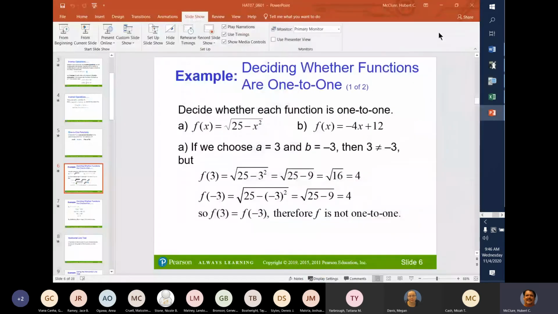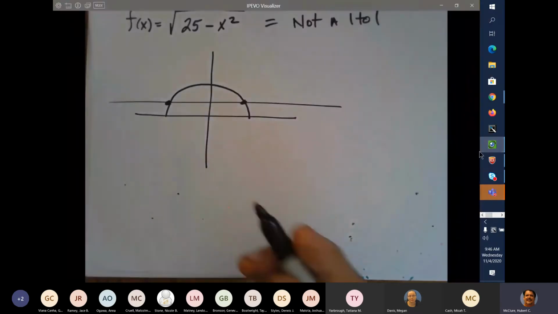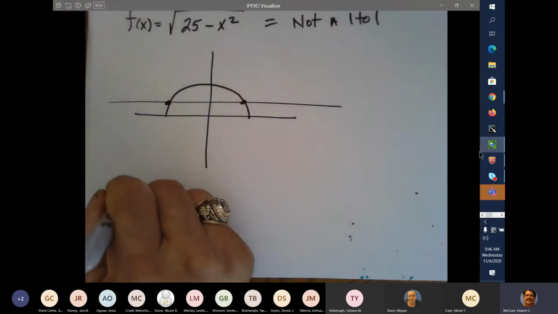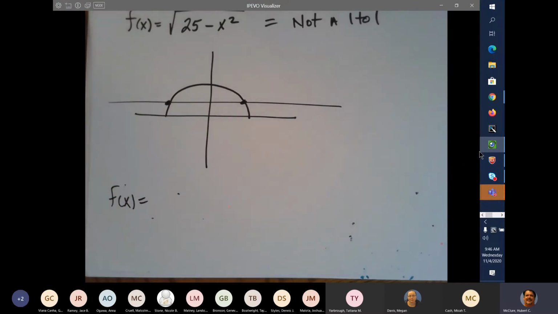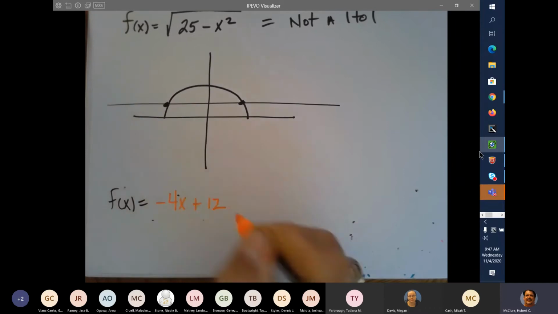Negative 4x plus 12. I can tell you that's one right off the bat, but we'll go ahead and do it. Let me get back to negative 4x plus 12. F of x is equal to negative 4x plus 12.